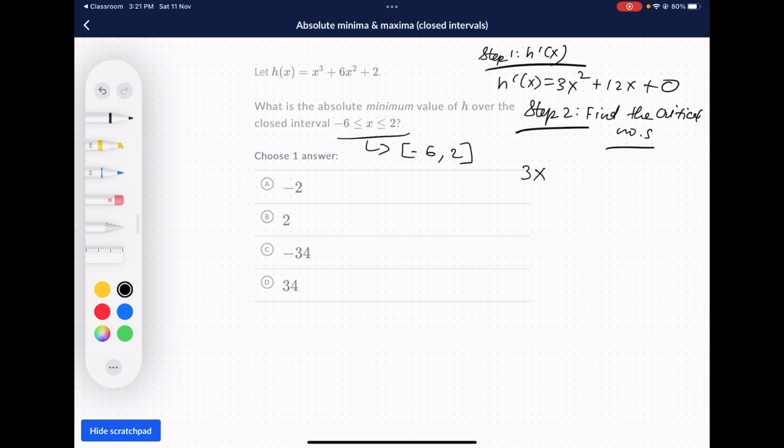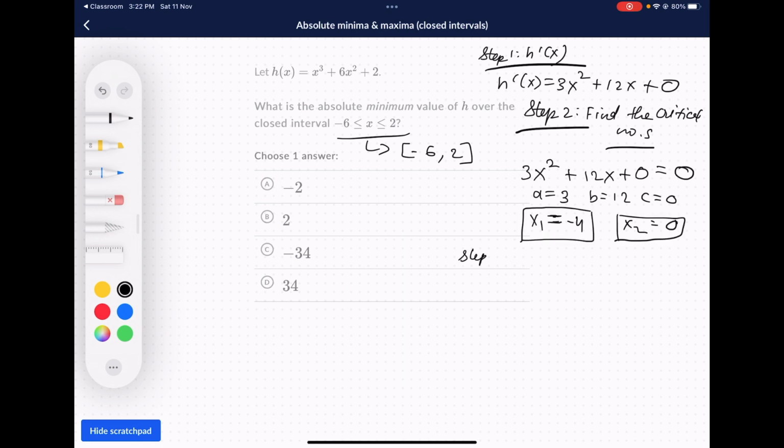You can solve this by using linear equation or by using a calculator, but if you're using a calculator, make sure to write plus 0. And all of this should equal to 0. Now if you're using a calculator, a should be 3, b should be 12, and c should be 0. x1 is equal to negative 4 and x2 is equal to 0.